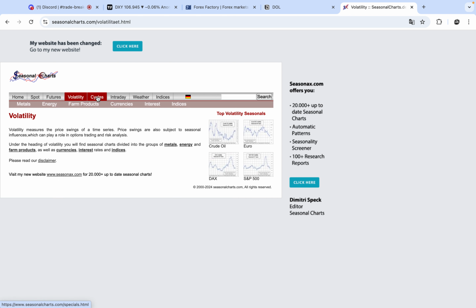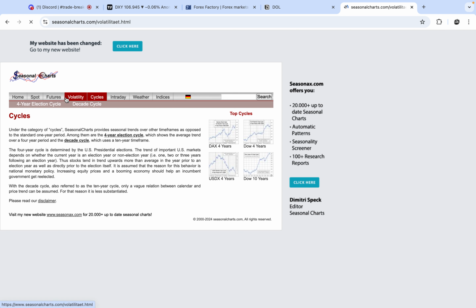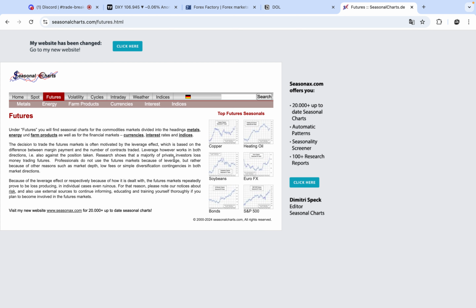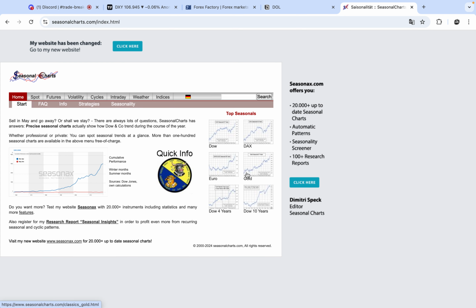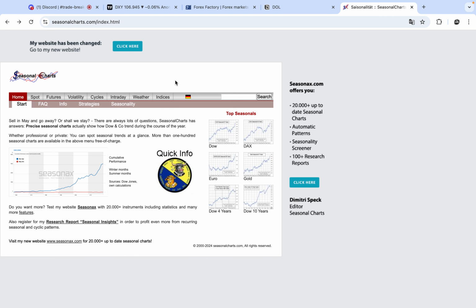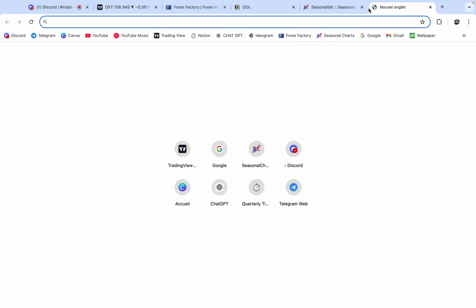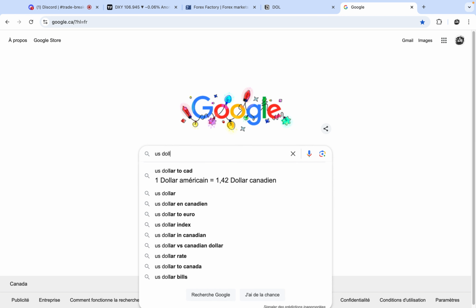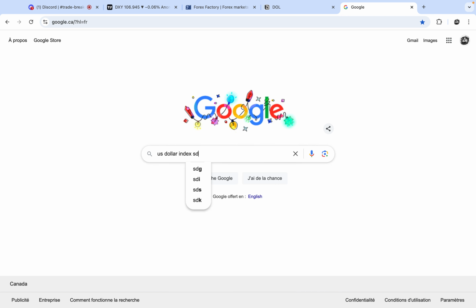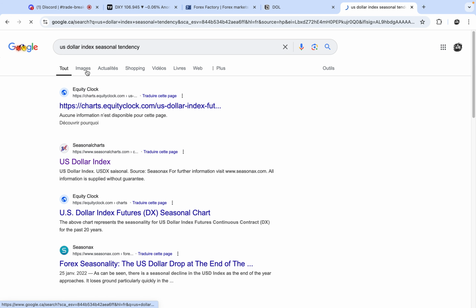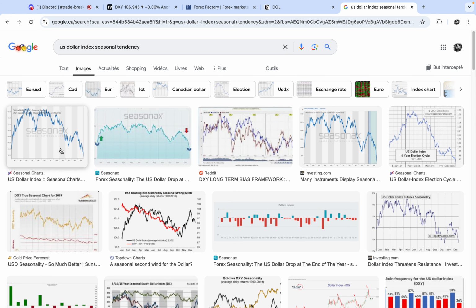I need to find it. Fuck this, I'm gonna go on Google: US dollar index seasonal. Right here.